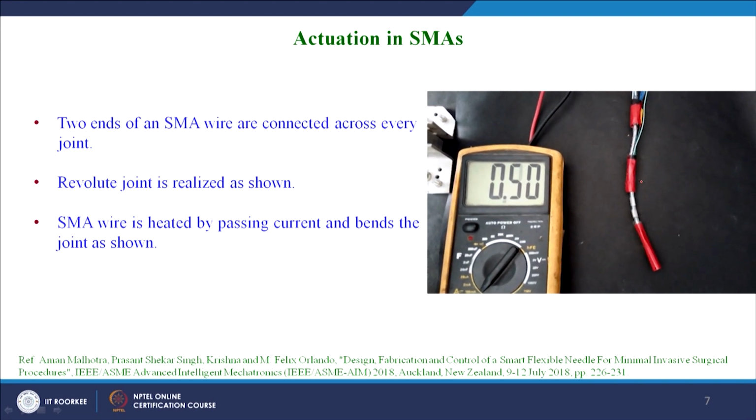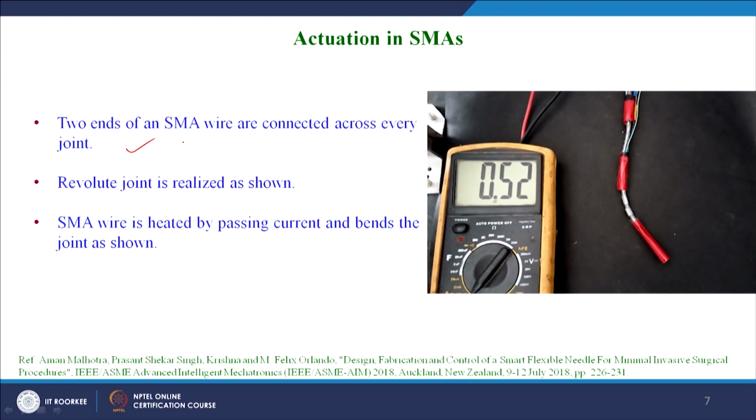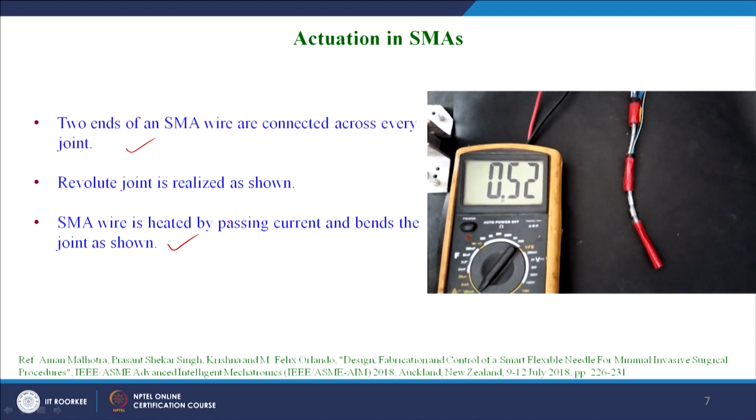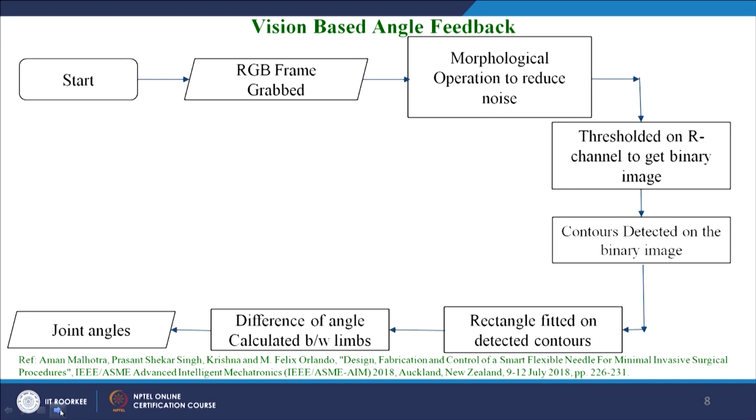Here the two ends of the SMA wire are connected across every joint to realize the degrees of freedom, especially the revolute joints, and the SMA wire is heated by passing the current, and hence the joint is bending as shown in the schematic or in the video.